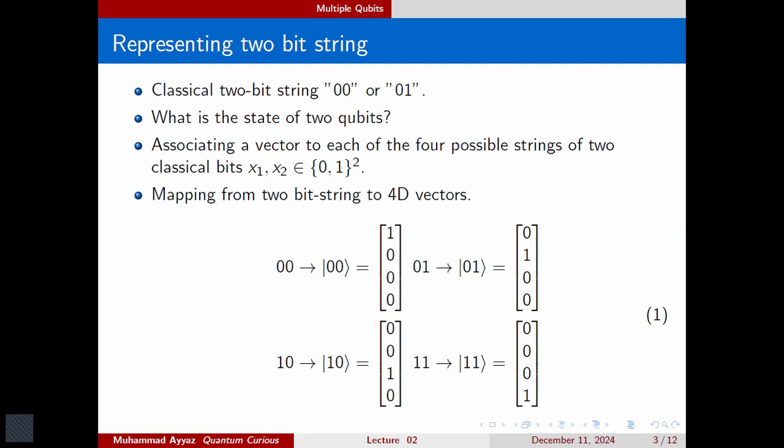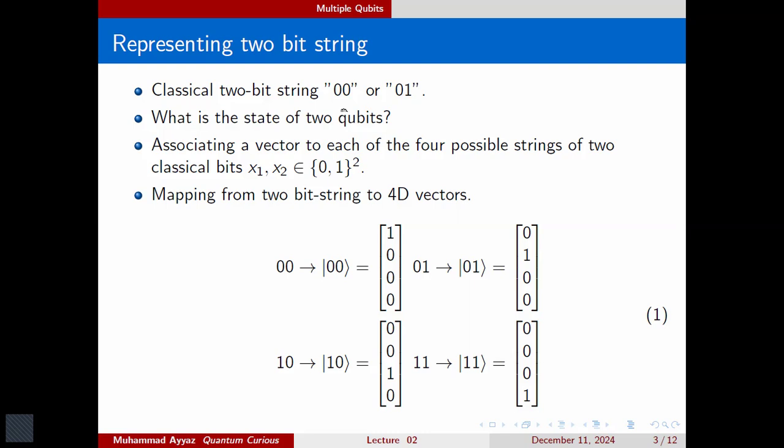So we have a concept that we could write classical bits in the form of a bit string. So consider we have a classical 2-bit string of 00 or 01. Our goal is to write the 2-qubit state from the intuition of the classical 2-bit string.